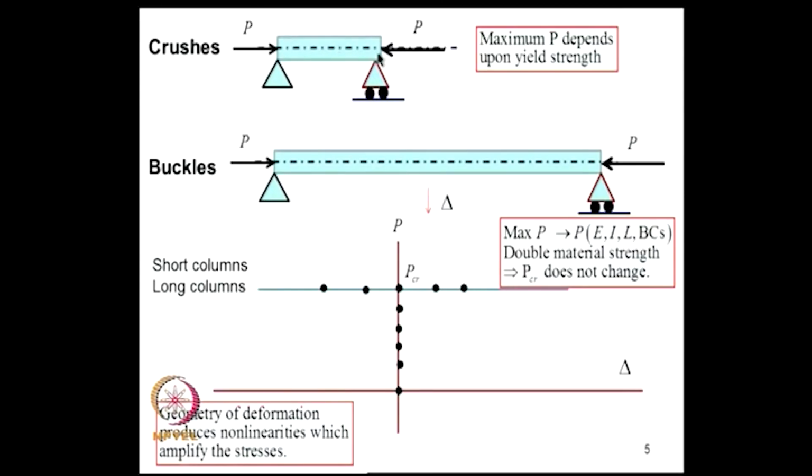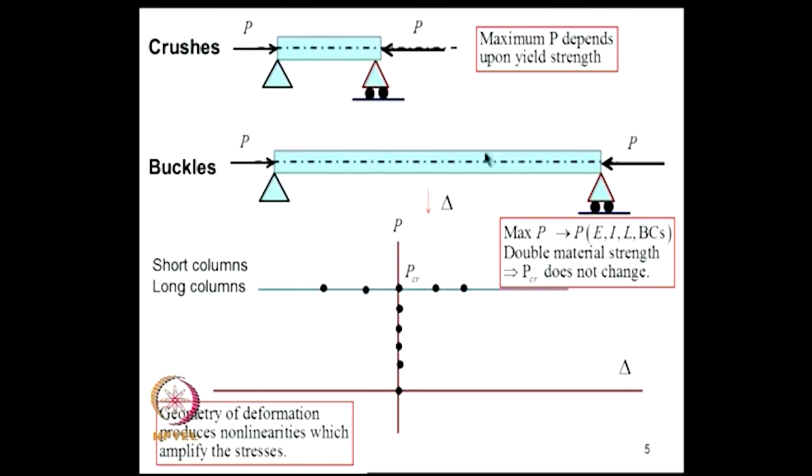So, in this case as P increases, the maximum P that we can apply on this structure probably depends upon the compressive strength. That means P depends on the yield strength of this material. We can go on increasing P till this material here starts yielding.